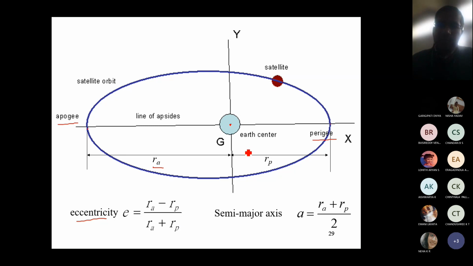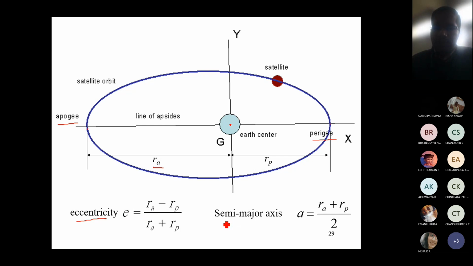But if we consider a circular orbit, what should be the value of eccentricity? The value of eccentricity will become 0, because in a circular orbit the Earth is located at the center. So RA is equal to RP, so RA minus RP will become 0. So eccentricity for a circular orbit is equal to 0.